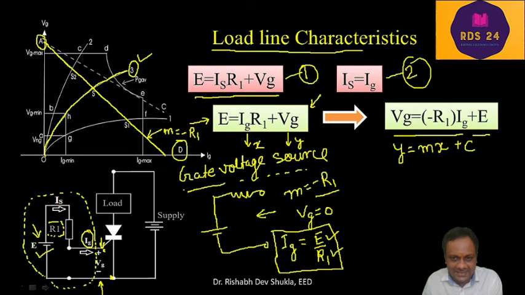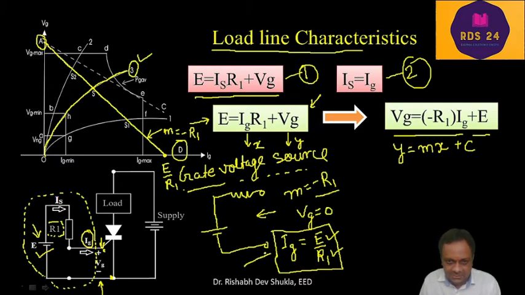What we are going to apply here: let this be here, which is nothing but the D value. It is your E divided by R1. This is the point, because here Vg is equal to 0 and Ig is equal to E divided by R1.